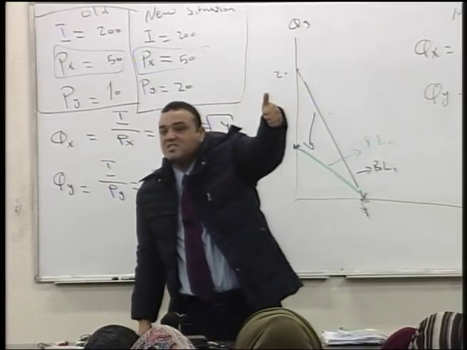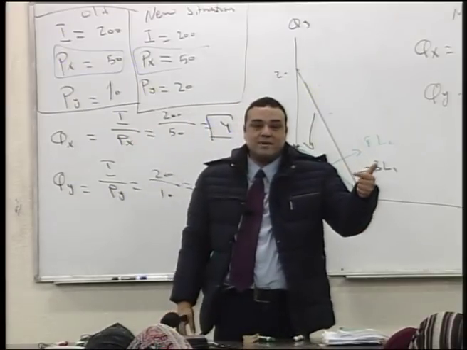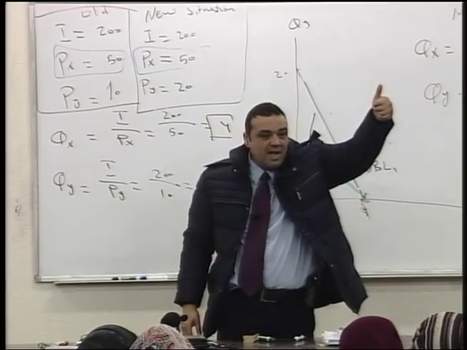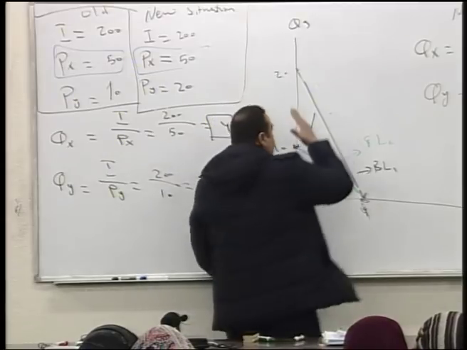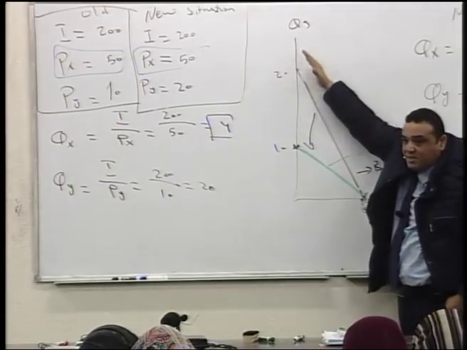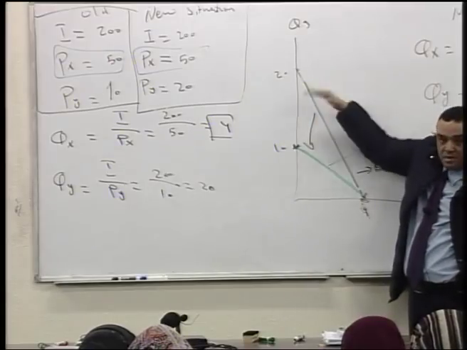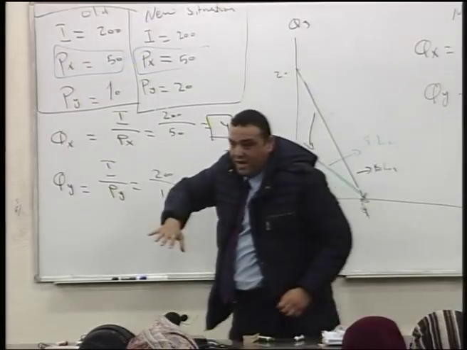The change in the consumer's income. Right? But what affects the slope? The change in income affects the location of the budget line, right? It moves it either right side or left side, correct? But what makes changes in the slope? The change in the prices, either the price of X or the price of Y.